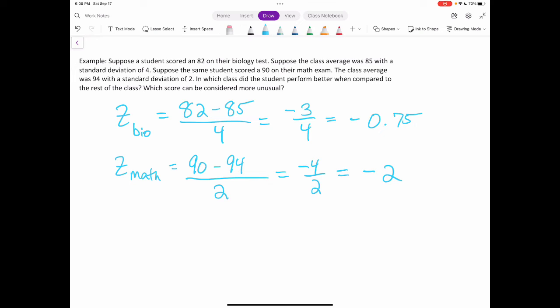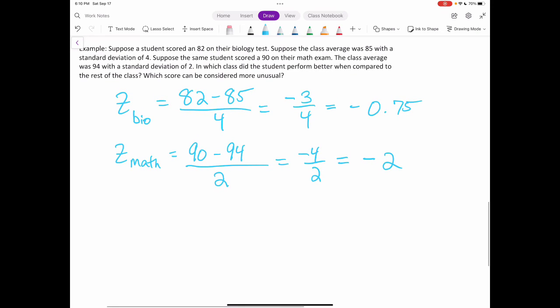So the question becomes, in which class did the student perform better? Well, to be frank here, he really didn't do great in either one of the classes. How do we know? Because the z-scores are negative, which indicates he scored below the mean. But that's not the question. The question is, which class did he do better, relatively speaking? Well, that is going to be the z-score that's the largest. When you want to talk about better in terms of exam scores, you want the higher score.